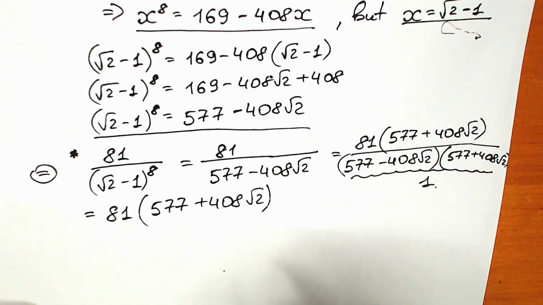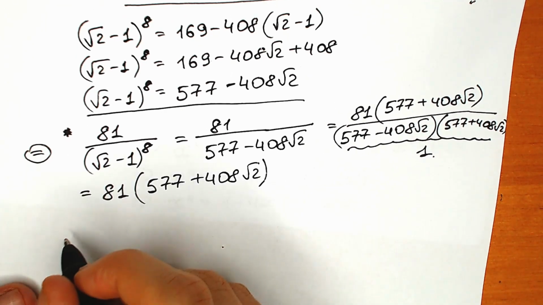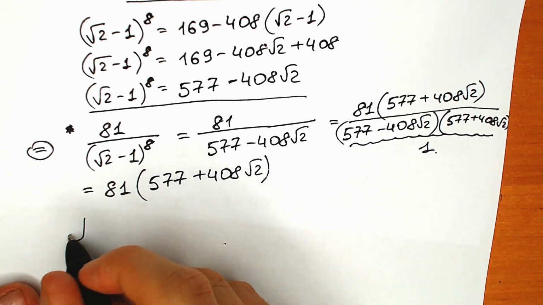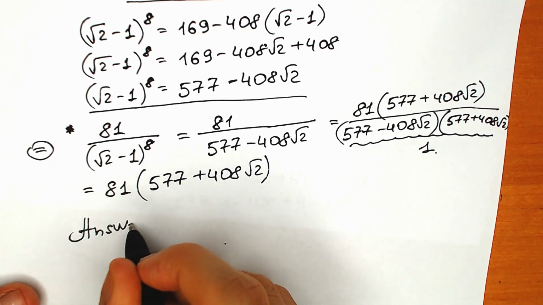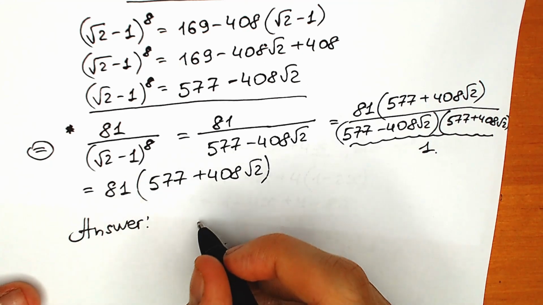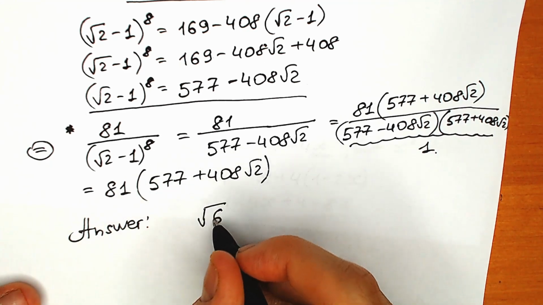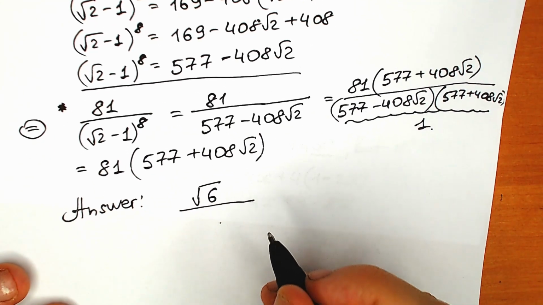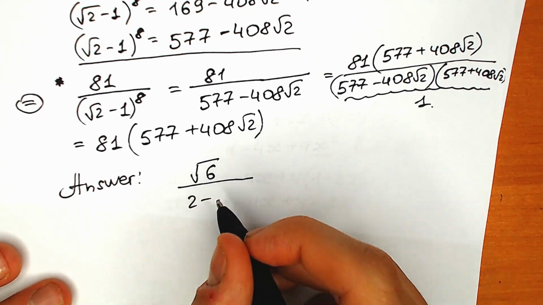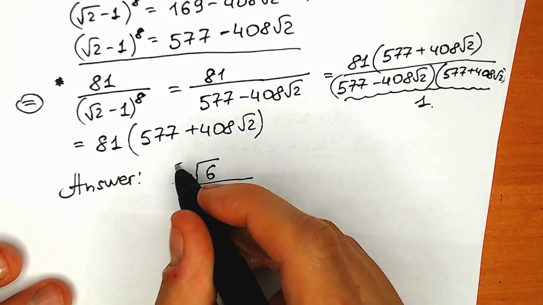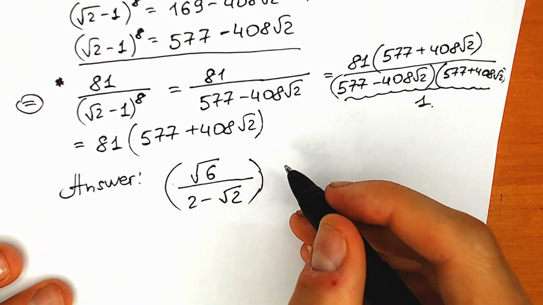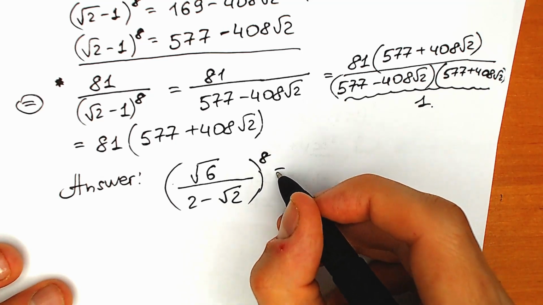Right now I'm going to write the full expression from the beginning. So our answer to this question: we have square root of 6 in our numerator. We divided in the beginning by 2 minus square root of 2. This is our expression from the beginning. We raise this to the power 8, and of course this is our answer.